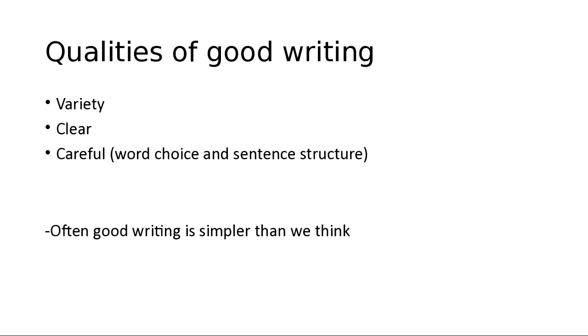With time, you learn to avoid certain mistakes that you have made in the past, and your writing becomes more clear. Another important thing is to be careful in terms of your word choices and sentence structure. I mentioned the comma splice earlier, which I think is a common problem in undergraduate writing. Another common problem in undergraduate writing would be using the wrong word.